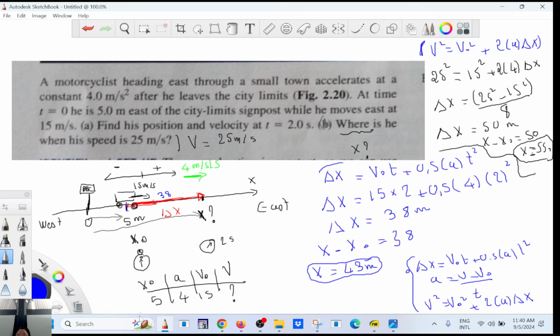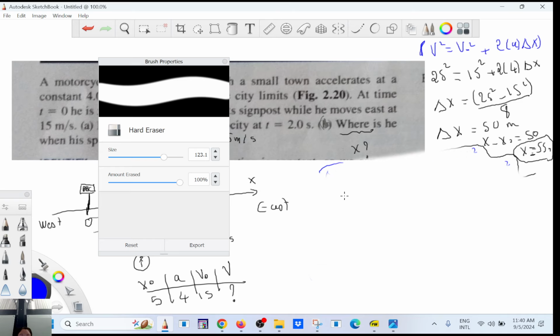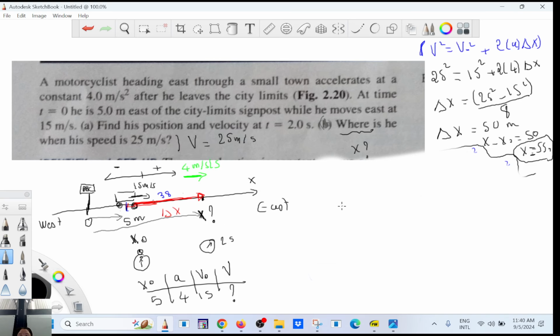You could have said acceleration, for example, is the final minus the initial over the time. So acceleration is 4 equals final, 25, minus 15 over time.